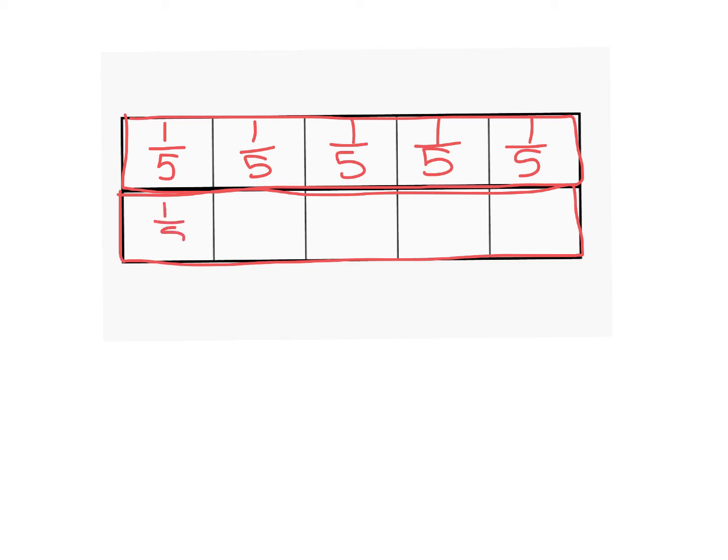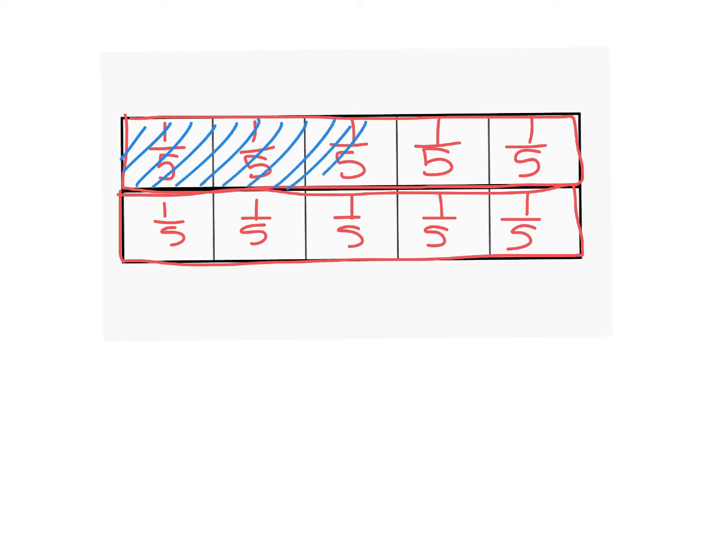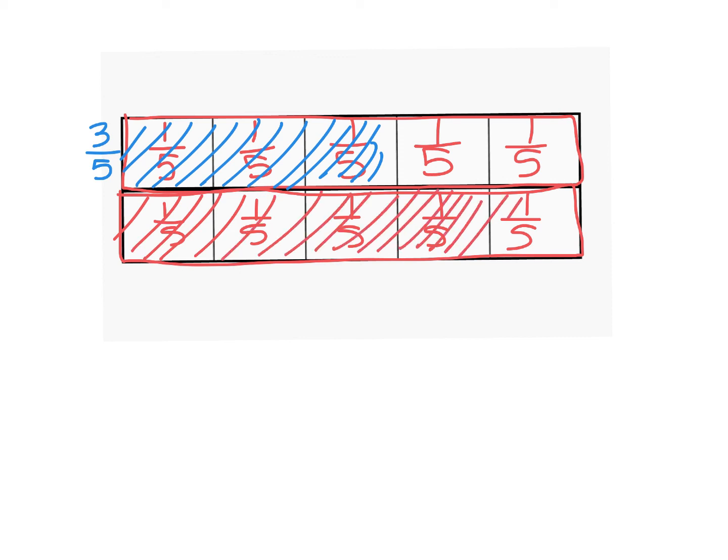So if I go ahead and think about how much I broke my parts into and my friend broke theirs into. So I broke mine into 3 equal parts. That portion is 3/5. But my friend broke theirs into 5 parts, and they ate all 5 of them, so 5/5.